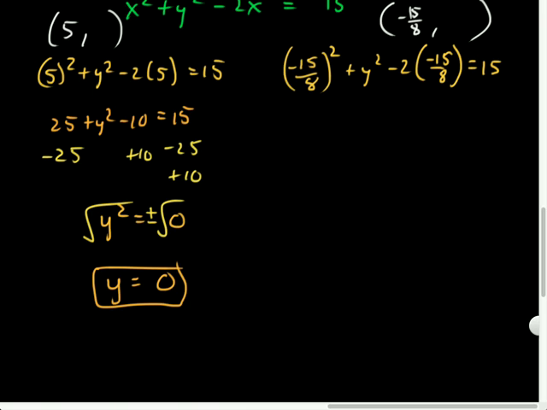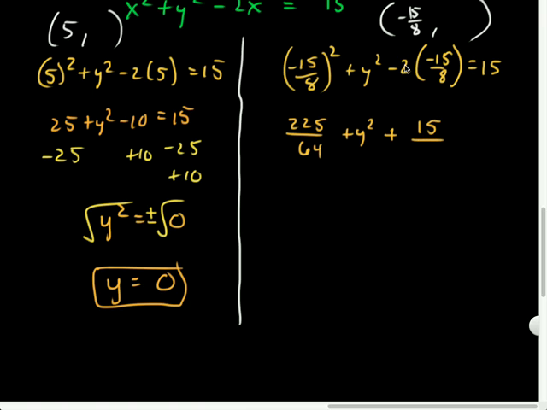Negative 15 squared, let me draw a line down here just to minimize confusion. Negative 15 squared is positive 225, 8 squared is 64ths, plus y squared equals, negative times a negative is positive, 2 partially cancels out with that, so that's going to be plus 15, 2 and that is 4, equals 15.